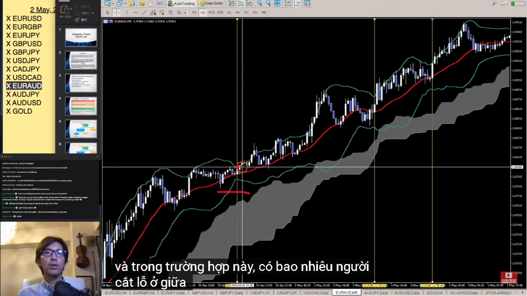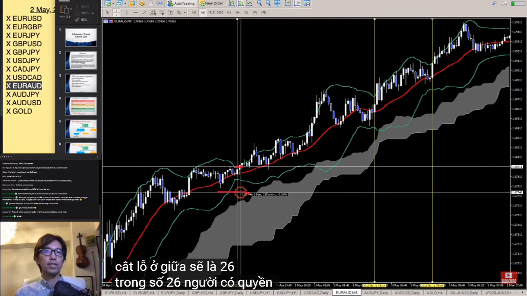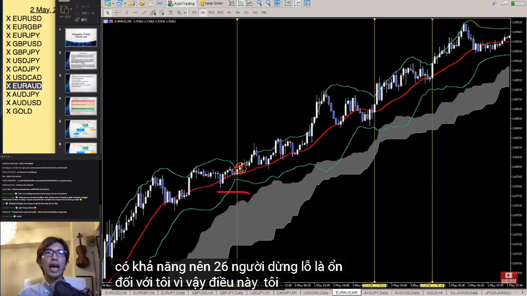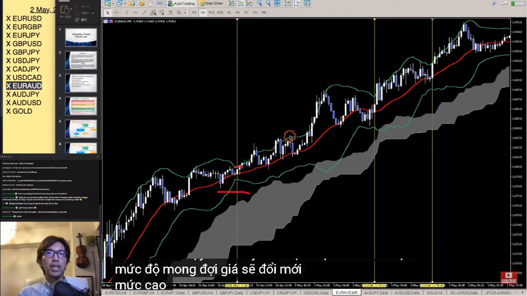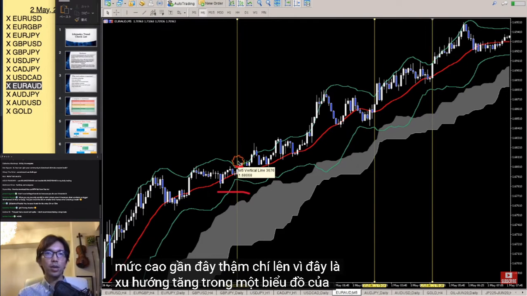In between is going to be 26 pips of stop loss, potentially. So 26 pips of stop loss is okay for me. So this one I take to buy, and expect the price to renew the recent high and go even higher, because this is an uptrend in the 1 hour chart as we saw.